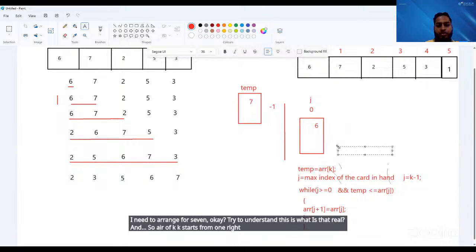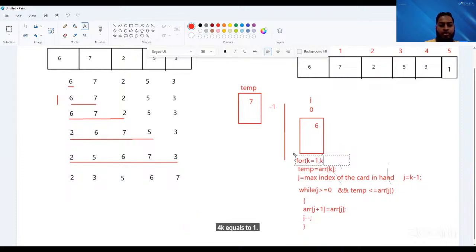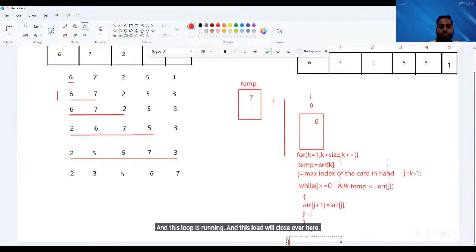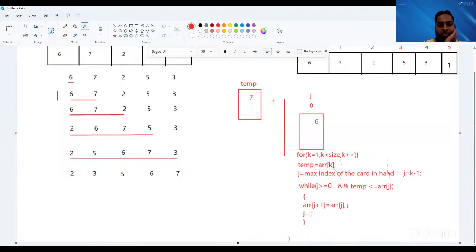So I should have written that for loop: for K equals 1, K less than size, K plus plus. And this loop is running, and this loop will close over here. So just be a bit patient and we'll try to troubleshoot this now.